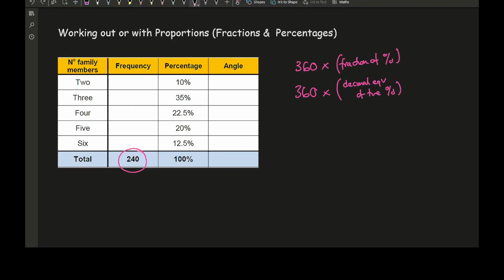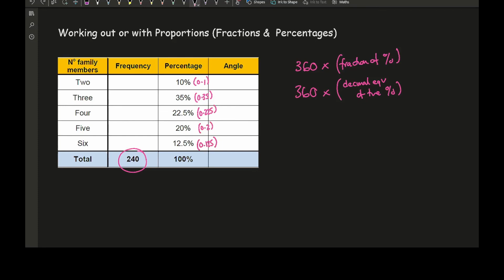Now if you're not too sure what I mean by that, well, 10% as a decimal is 0.1, 35% as a decimal is 0.35, 22.5% is 0.225, 20% is 0.2, and 12.5% is 0.125.